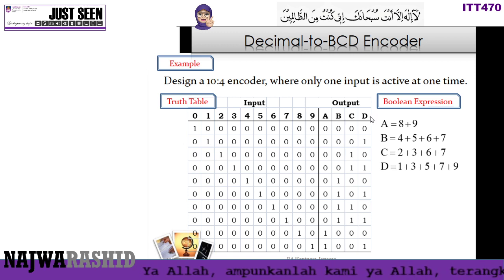And for D, the output is 1 at number 1 plus number 3 plus number 5 plus number 7 plus number 9. So at the end, these are the Boolean expressions for the decimal to BCD encoder.